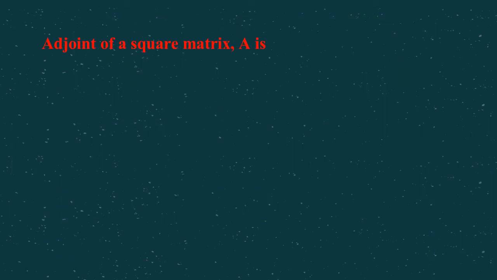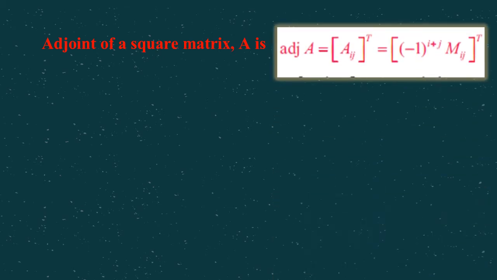Now the adjoint of a square matrix capital A, as per the definition previously defined, is adj A equal to the transpose of the cofactor matrix Aij.